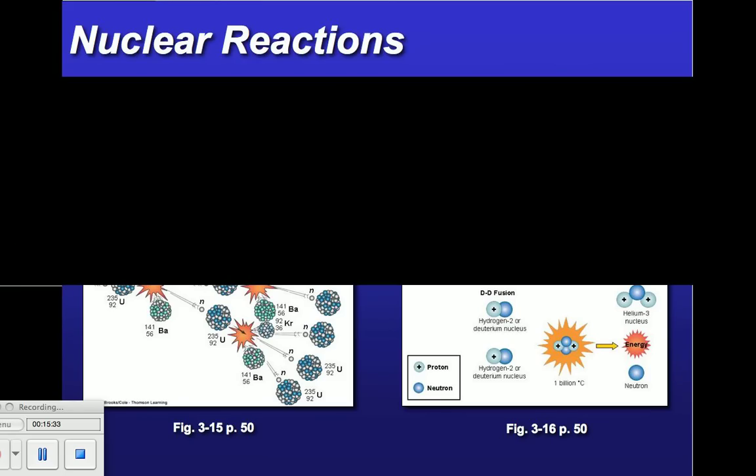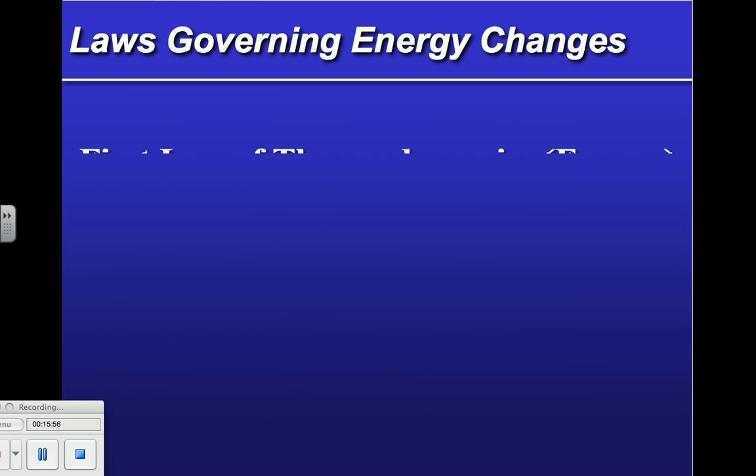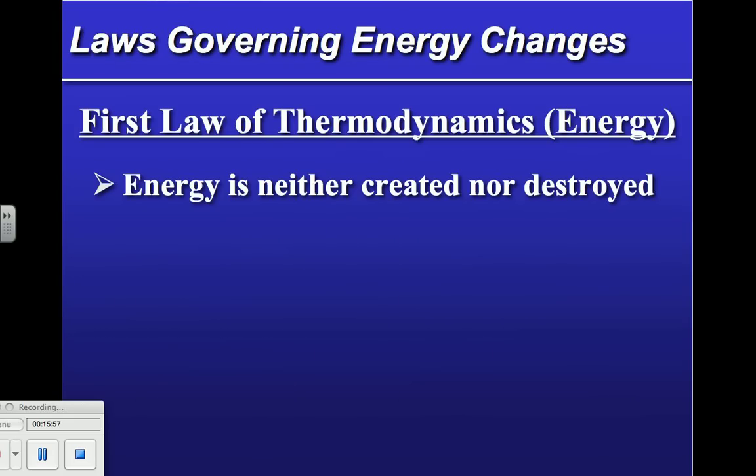The sun is where fusion is occurring all the time. The challenge right now on Earth in developing fusion reactors is to create a vessel that can maintain 100 million degrees Celsius for an extended period of time.